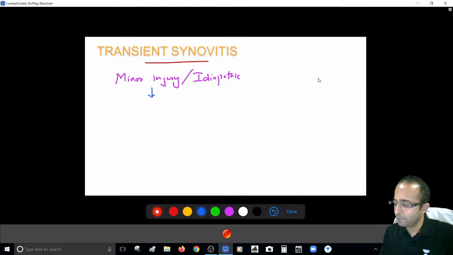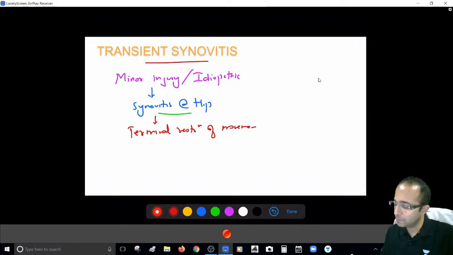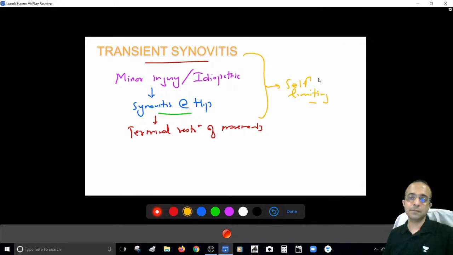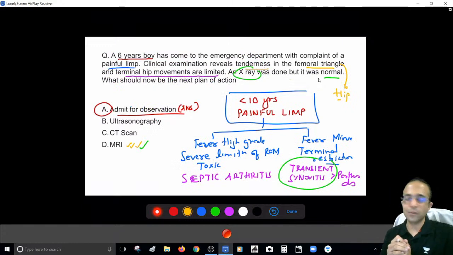You tend to have a bit of synovitis in the knee, in the hip. Okay. Now you have had synovitis in the hip. This is going to lead to terminal restriction of the movements. That was the case. The best part about this, self-limiting, generally resolves by itself in a couple of days. So all you need to do is wait for a couple of days. So please have no confusion.